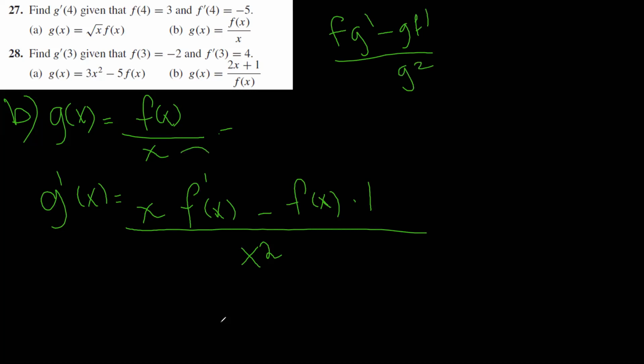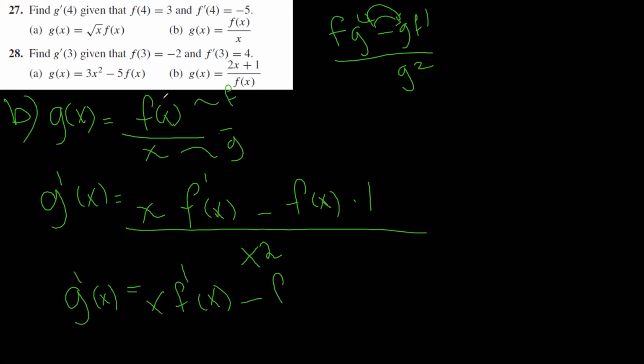Here this is g, and this is f. So g prime of x is x f prime of x minus f of x over x squared.